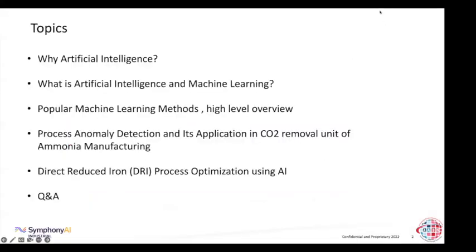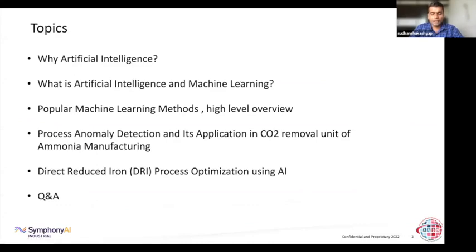Okay. So we all are hearing this buzzword artificial intelligence lately. So we'll try to understand in this presentation why now, and we'll also try to understand what is artificial intelligence and machine learning, and what is the difference between these two terminologies we keep hearing very often. We'll look into some machine learning methods at a very high-level overview.